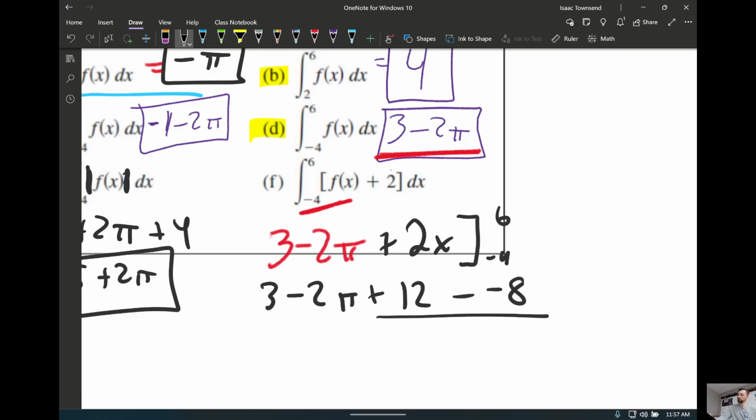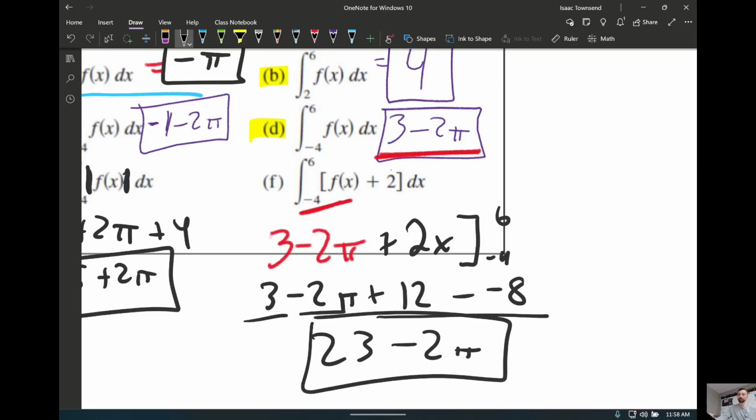This would be 23 and a -2 pi. Did anybody have that earlier? Yes, okay. So that was my mistake. Sorry. I did not subtract that -8. I just subtracted 8. So I'll put a star by that one to remember that I need to be more careful there when I go over that next week with the other class.